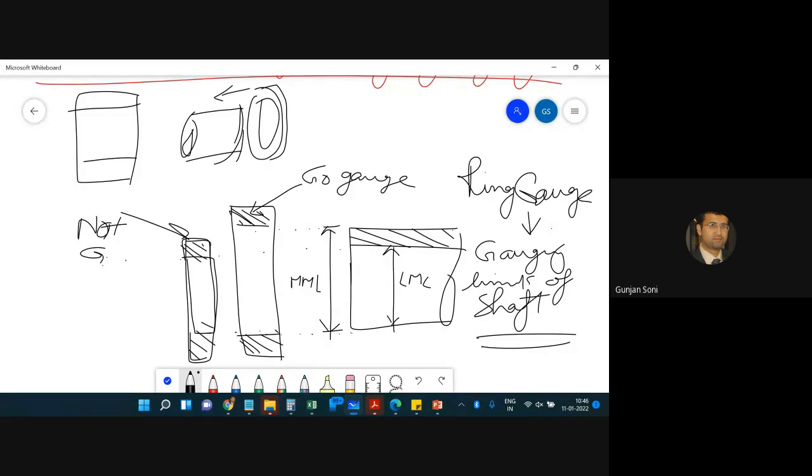Similarly here, the ring go gauge is going to check circularity, and at the same time straightness also. So if it is not straight at any point, the ring may not pass across, or it may get stuck a bit, even if it is passing. So that thing should be clear.